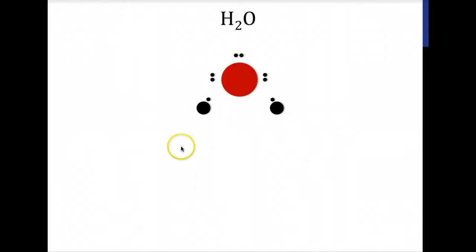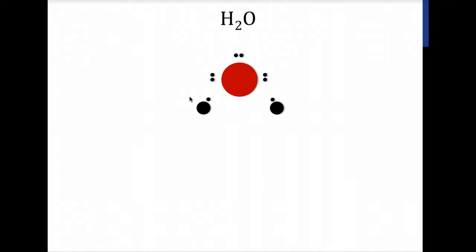Well, if we look at the valence electrons, we know that oxygen has 6 valence electrons. So here they are. And we know that hydrogen has 1 valence electron. But they're wanting to get to a full octet. Now, remember, hydrogen is the exception. Hydrogen only has 1 orbital, and only 2 electrons can fit into that orbital.